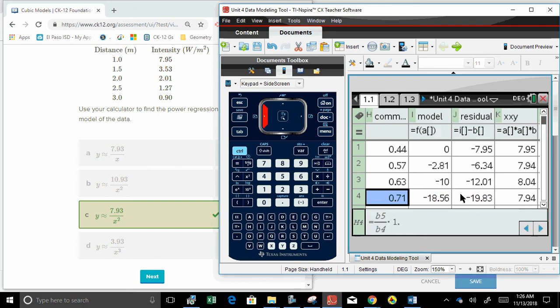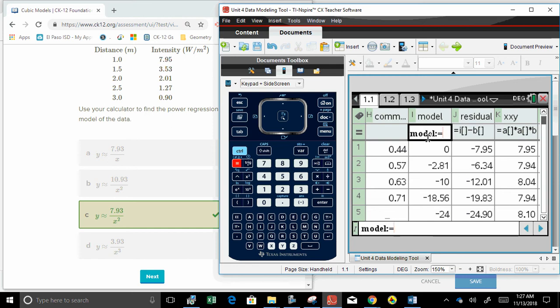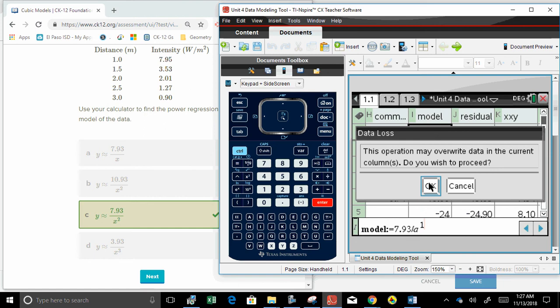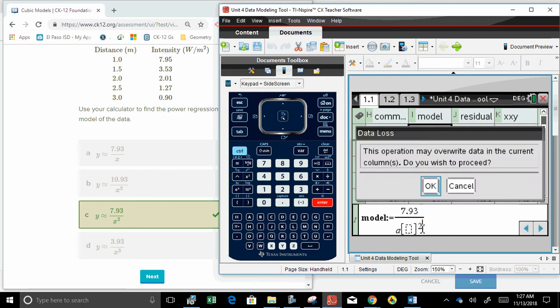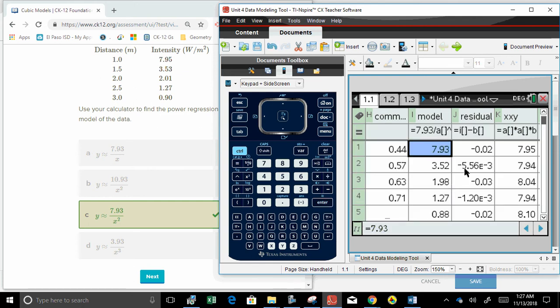So, the model is equal to 7.93 divided by x squared. Leaving with this residual.